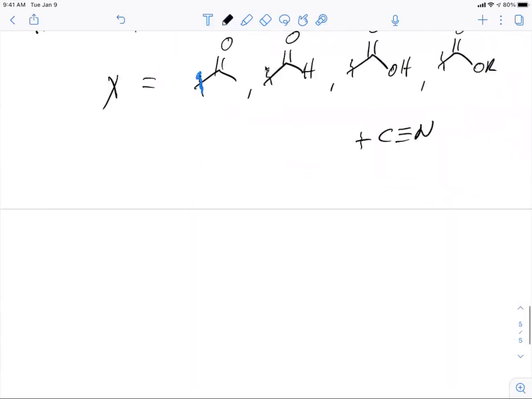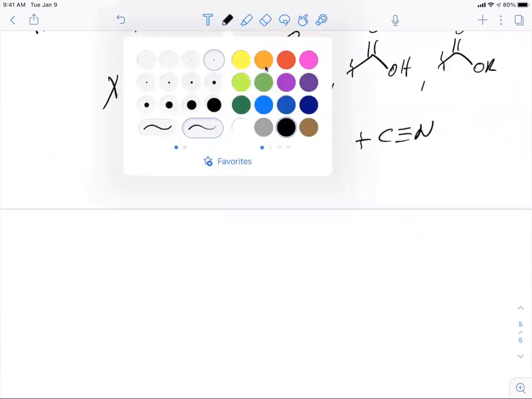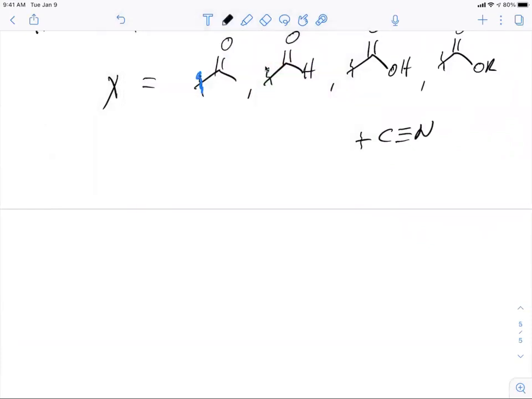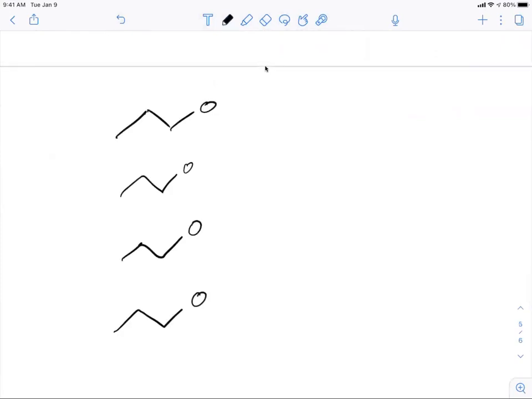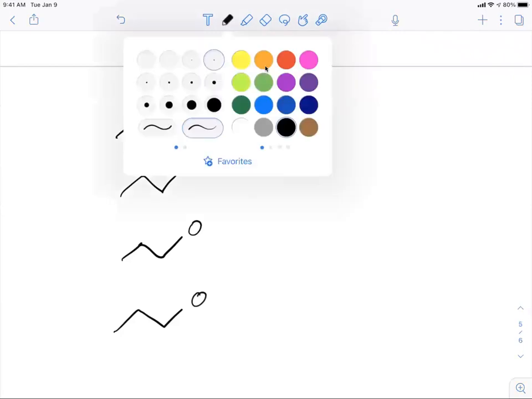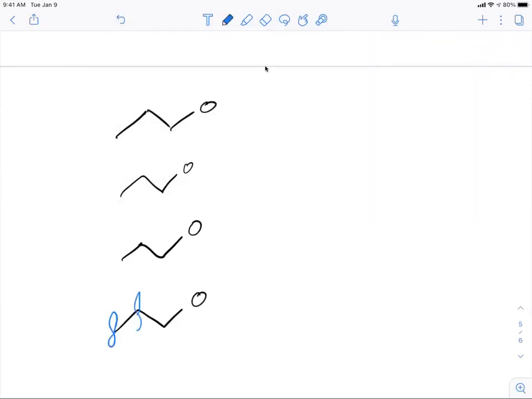Now, one of the reasons that works well is that if I have an extended pi system, when I put in my p orbitals, I'm reacting with the two carbons, but I actually have an extended pi system.